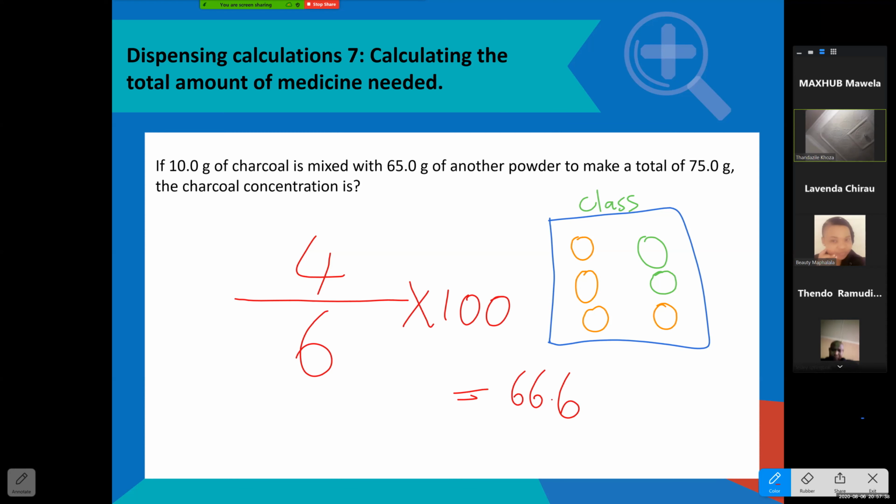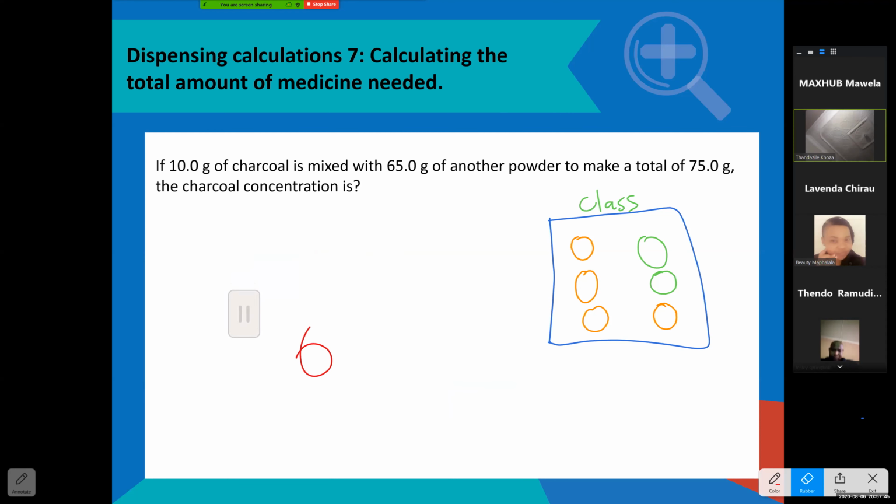Now, thinking of this class again, let's look at this particular example, the question which we are being asked here. You have 10 grams of charcoal.